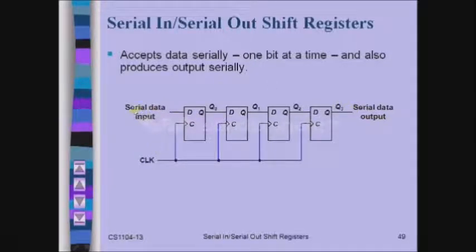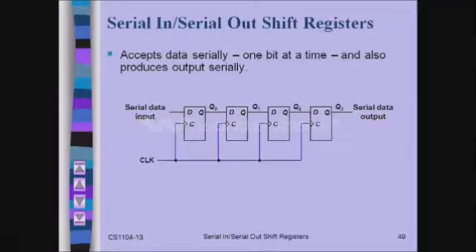Okay, and the last input is 0, therefore now the output would become: Q3 is 1, Q2 is also 1, and Q1 is 0 and Q0 is 0. So this is how we shift the data serially from the input towards the output.